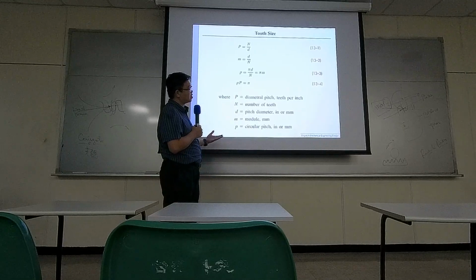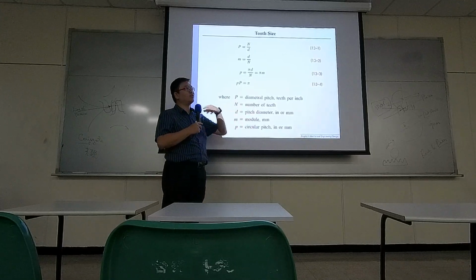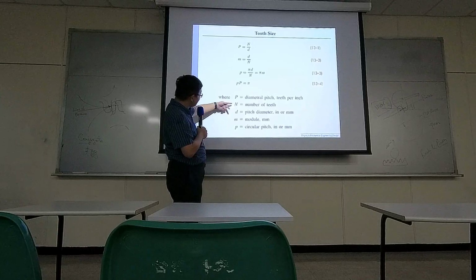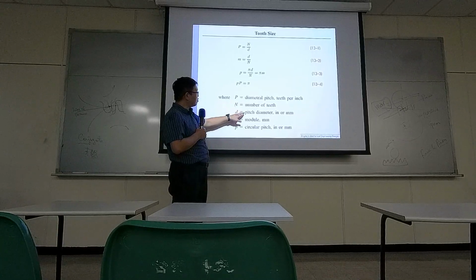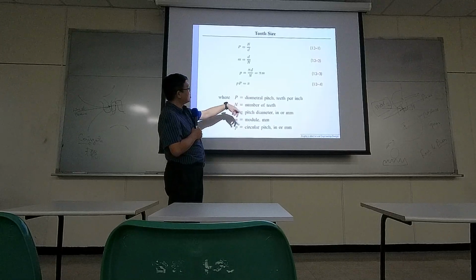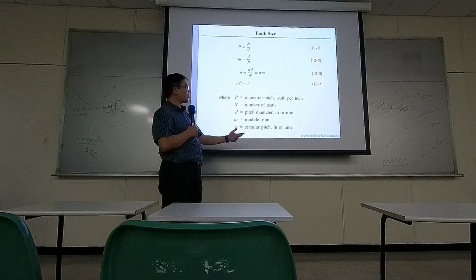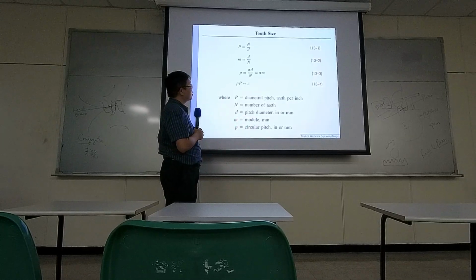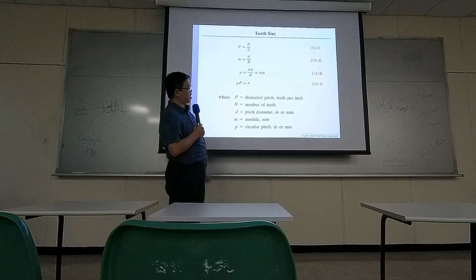It's like the number of teeth per length. And if you reverse this, if you have pitch diameter over number of teeth, then it's like per tooth how much pitch diameter you have. It's like a ratio. So that is your module.